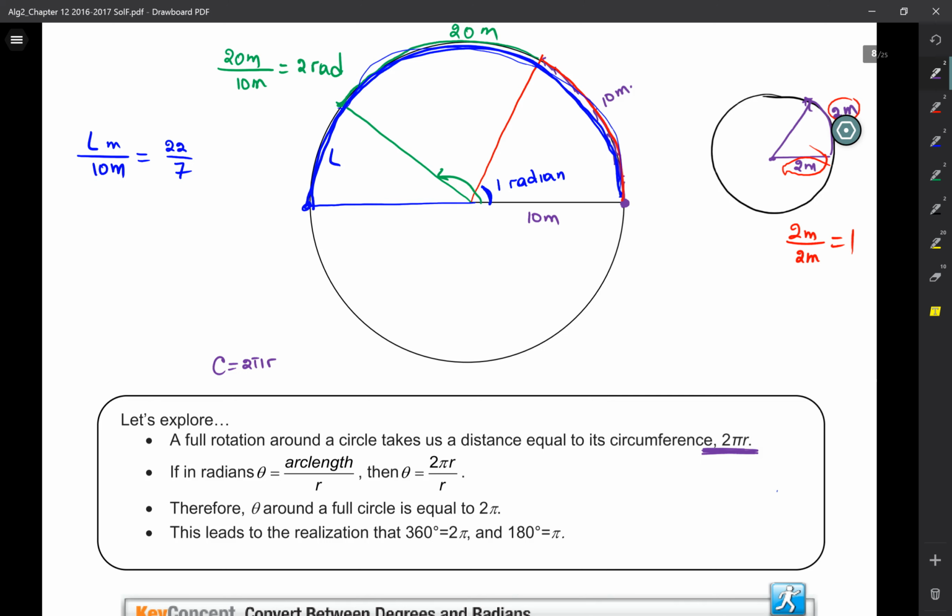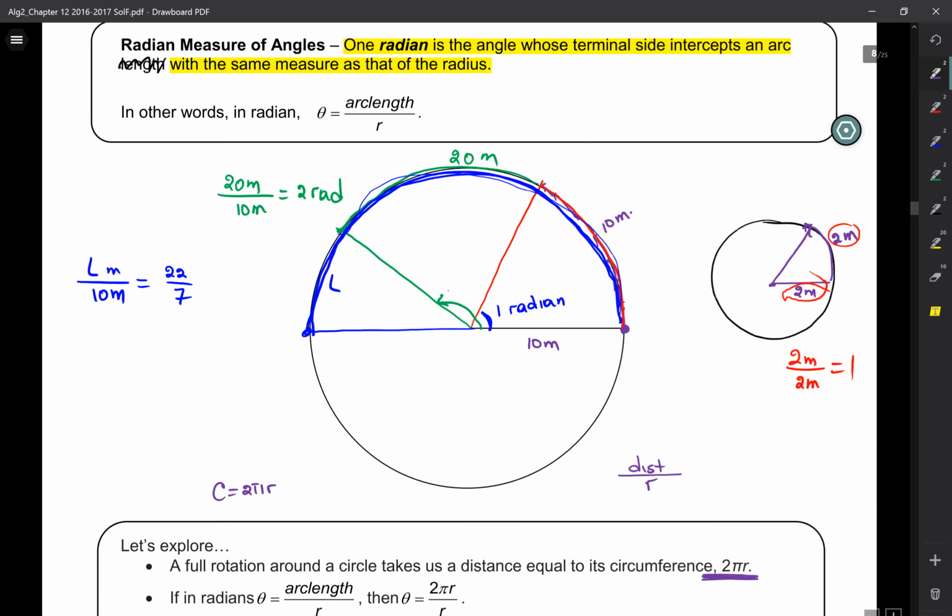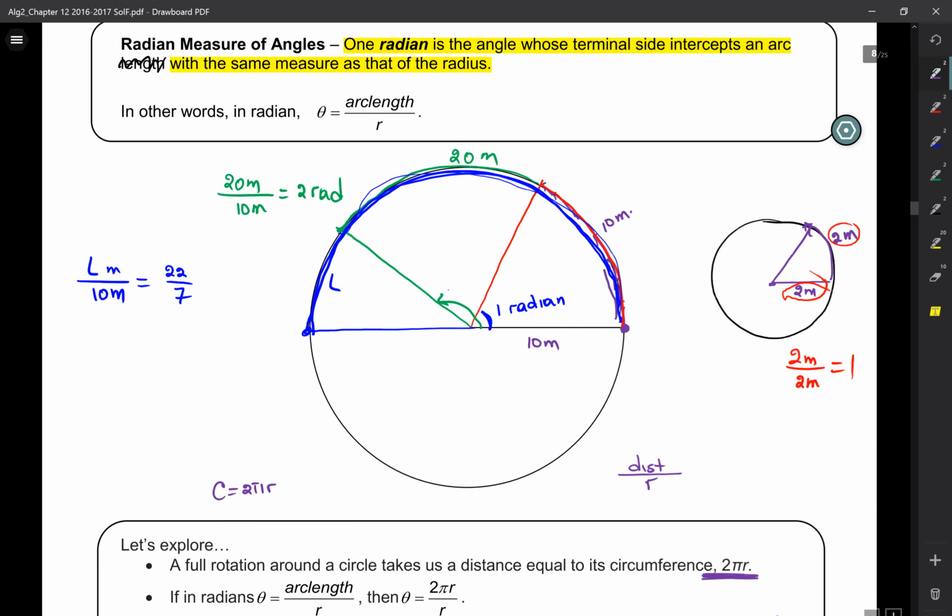Now, we just said that this angle is the distance that you walk over the radius, right? So if you want to figure out how big this angle is, you take the distance that you walked over the radius, that's 1 radian.